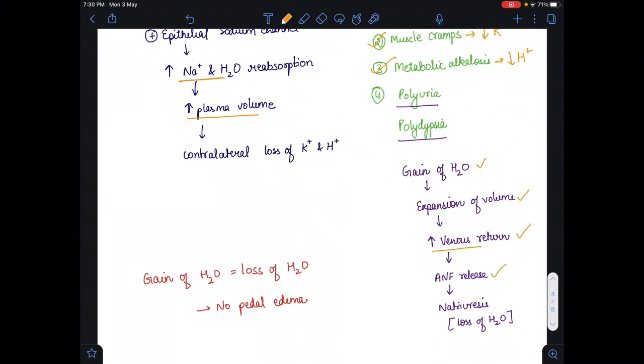ANF release causes loss of water, so there is a balance between the reabsorption of water and the loss of water. That's why in primary hyperaldosteronism or Conn syndrome, there is no pedal edema. This is the most important point to remember: there is no pedal edema in primary hyperaldosteronism patients.